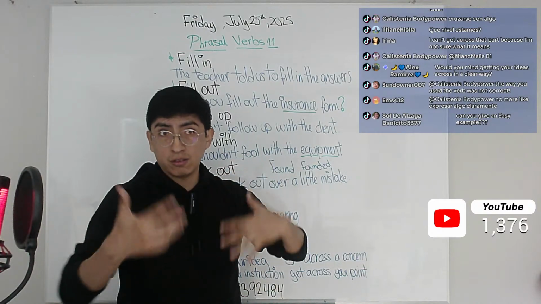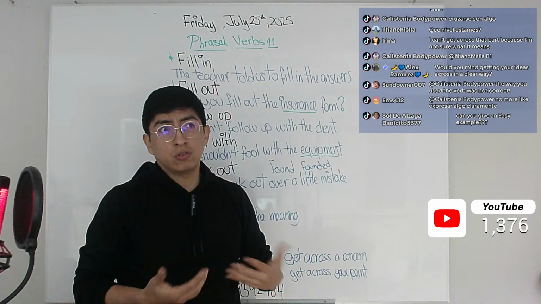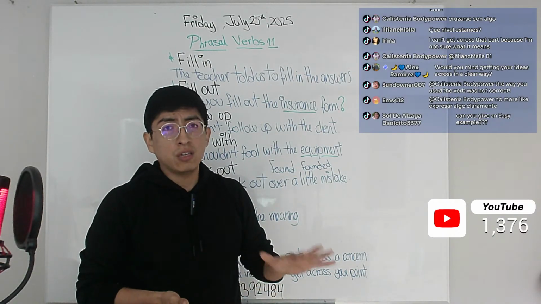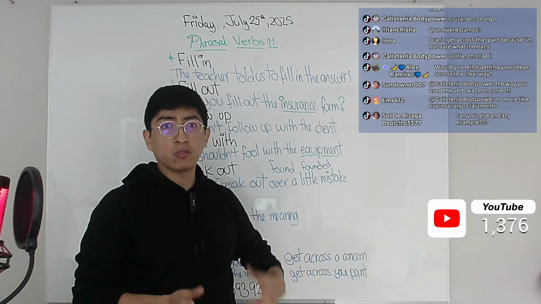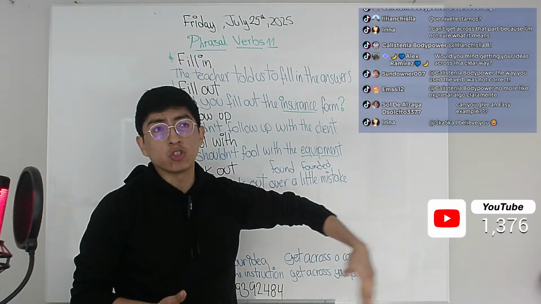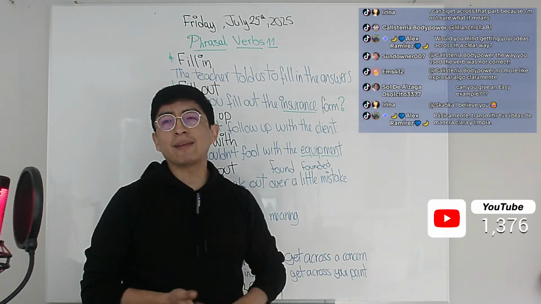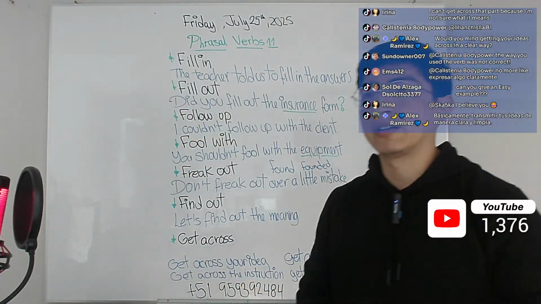If you can express your message clearly, you can say, he got across his idea. He got across the population's concern. In that case, you can use get across. Very good.